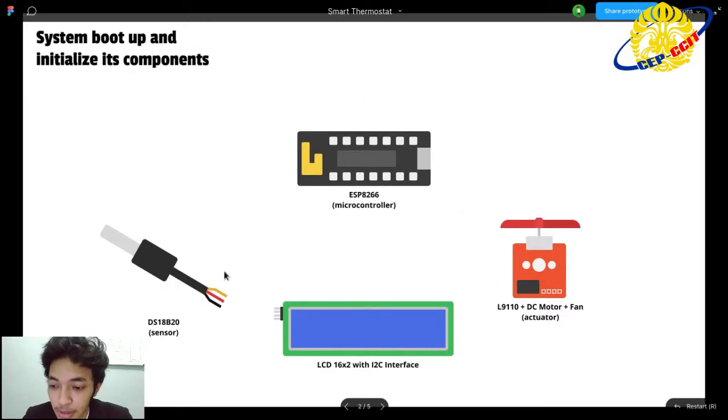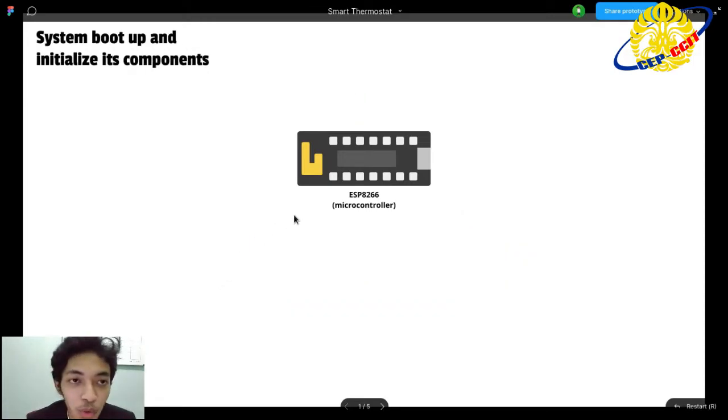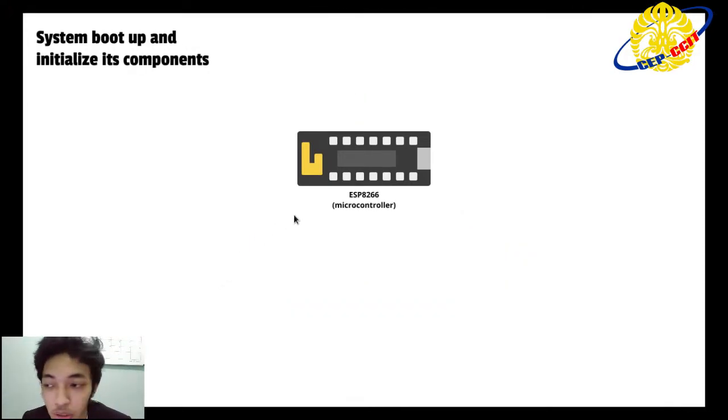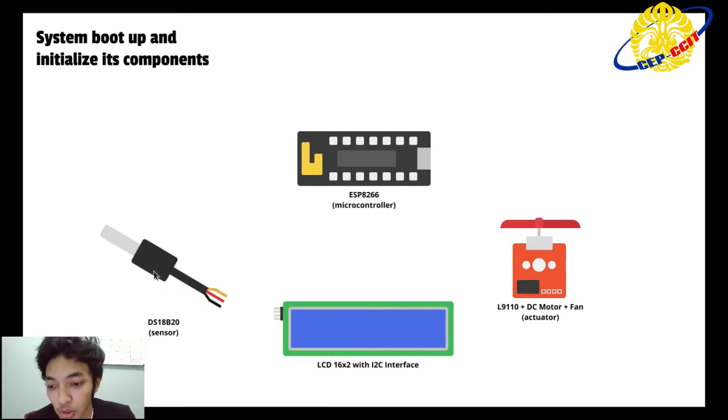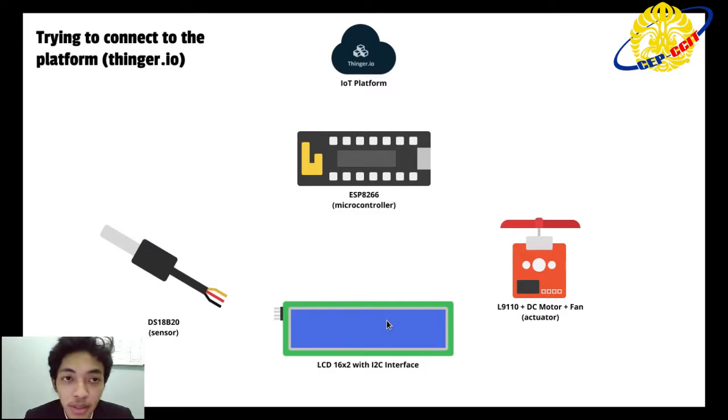First, after we boot up or power up the NodeMCU, it will initialize its components. It will first initialize the sensor, the actuator, and also the display screen. And next, it tries to connect to the cloud platform, in this case the IoT platform.